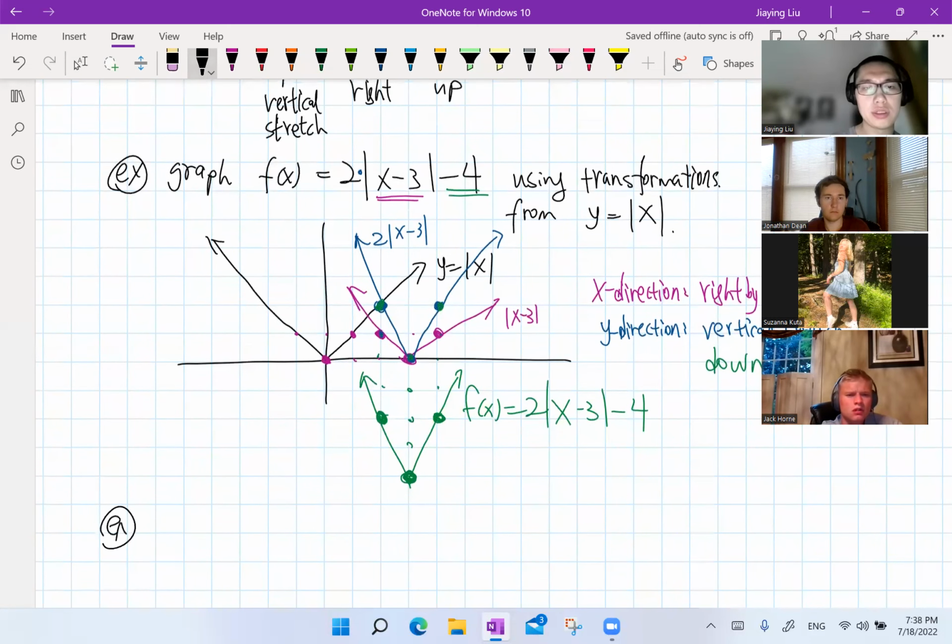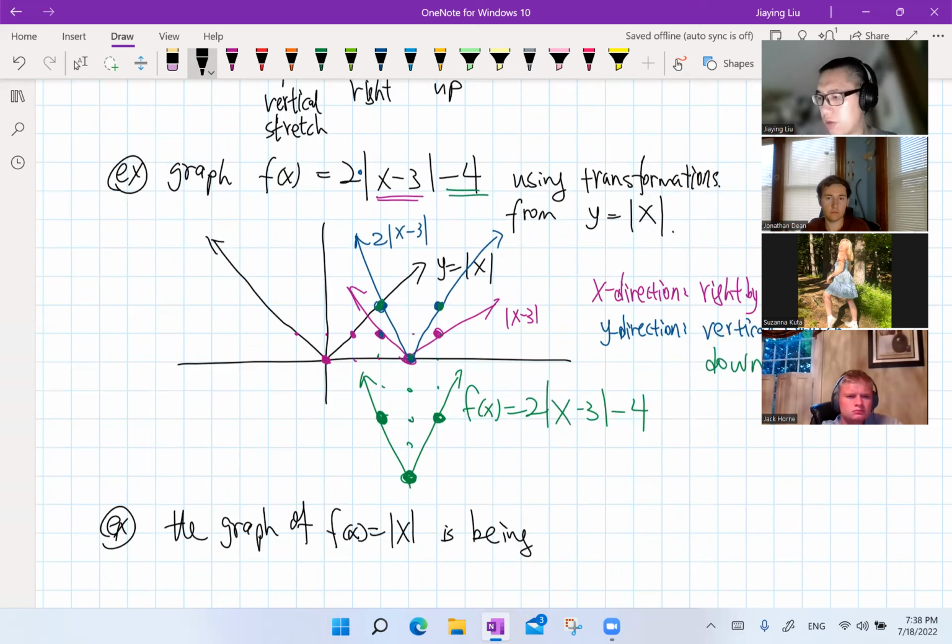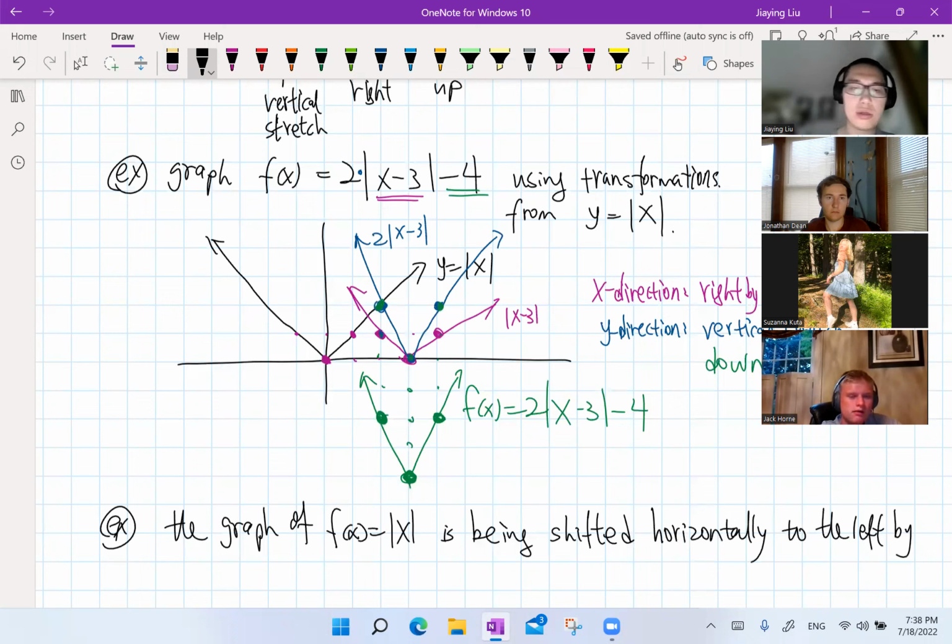Let's see. The graph of f of x equals absolute value of x is shifted horizontally to the left by 2 units.